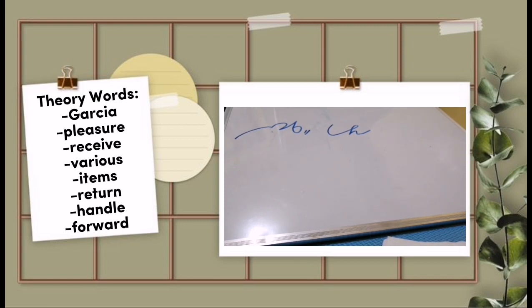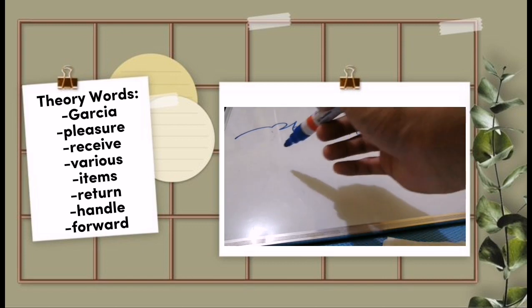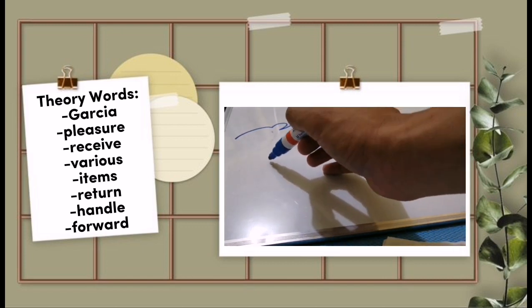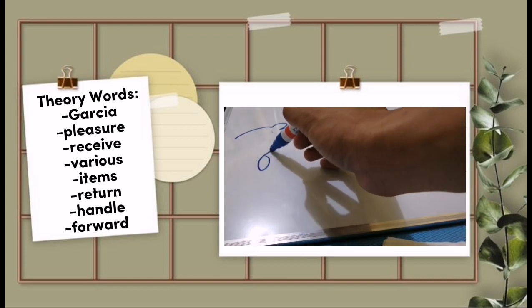Next word, we have the word receive. And that's how you write the word receive. Next, we have the word various. And that's how you write the word various. Next, we have the word items. So we write the word items like this.